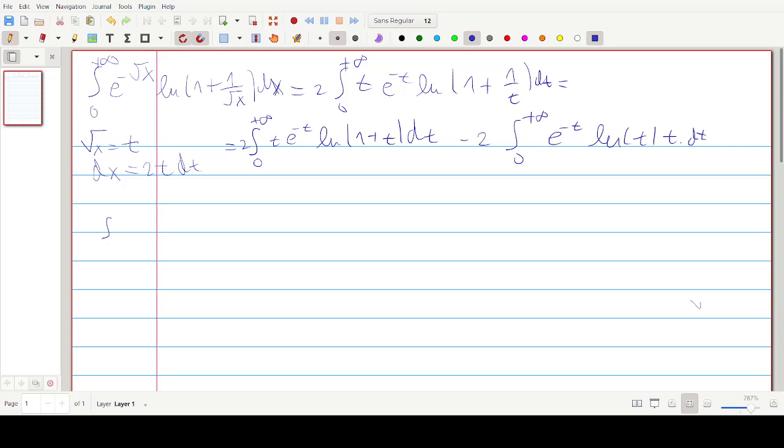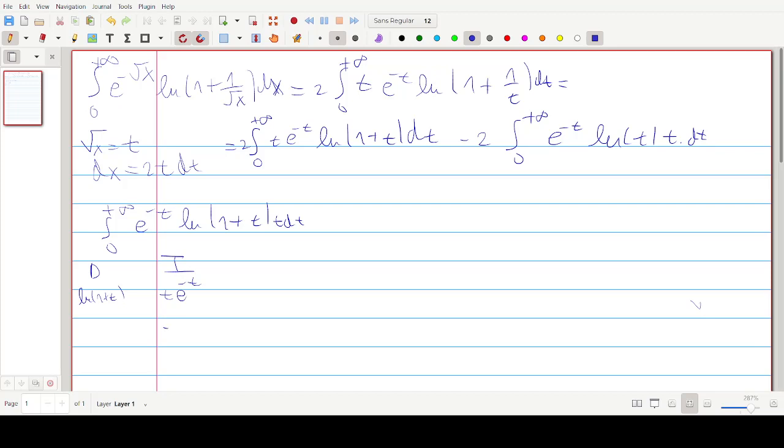So we will have the integral from 0 to infinity of t e^(-t) ln(1 + t) dt. We will do this by partial integration. We will differentiate ln(1 + t) and integrate t e^(-t).